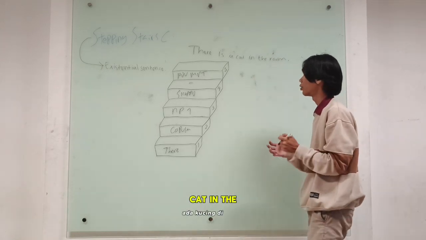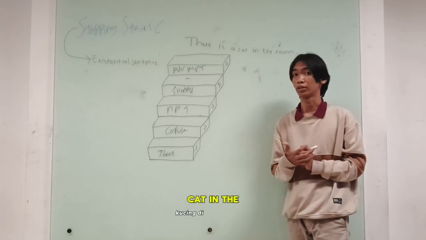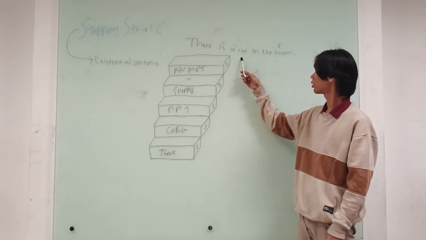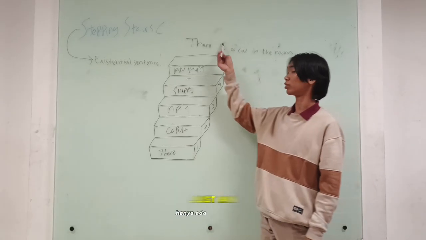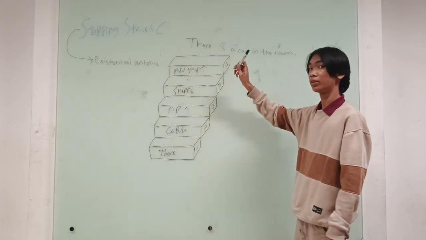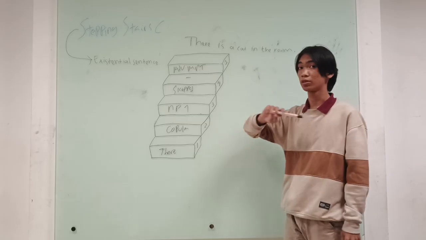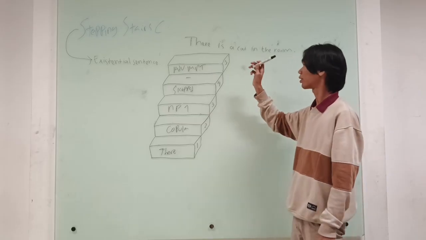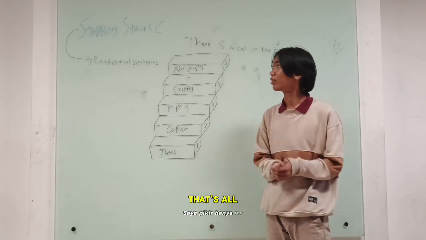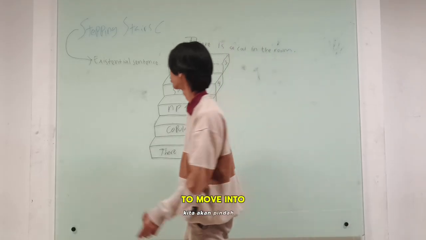There is a cat in the room. When you say there is a cat in the room, that means the cat exists in the room. There is just a dummy subject. That doesn't matter. The actual matter is the noun. There is a cat in the room. That means a cat exists in the room. I think that's all. We're going to move into the next point.